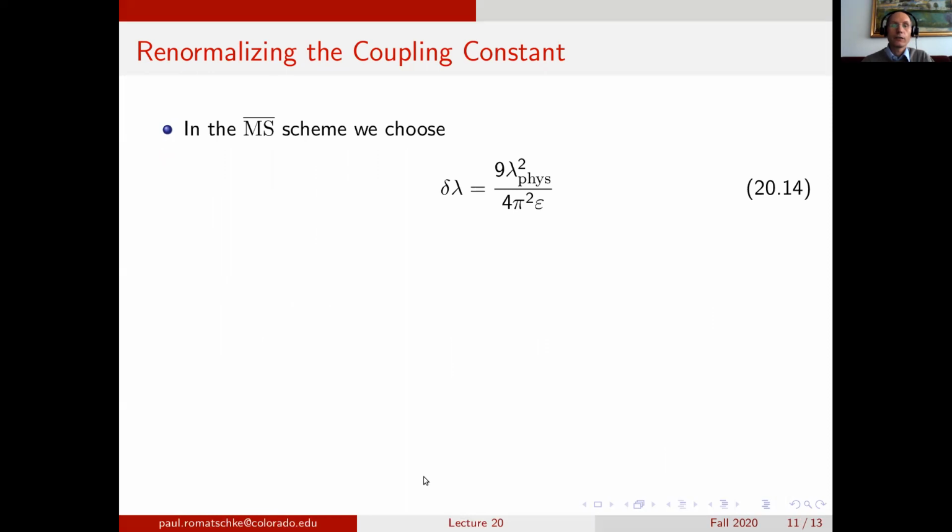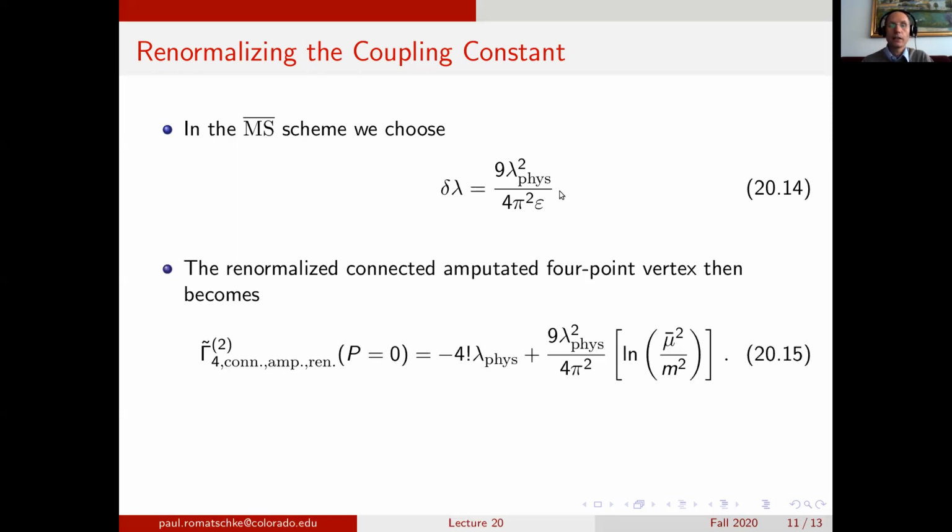And it turns out that if we choose delta lambda, the counter term, to be given by this particular value here, we can make the connected amputated 4-vertex finite. So the result we get is given in equation 20.15, where again, there are divergences, but at higher order in the coupling that would have to be canceled by higher order counter terms again.